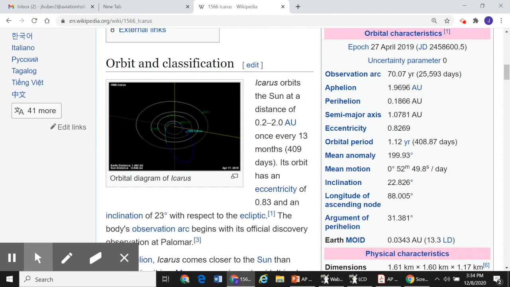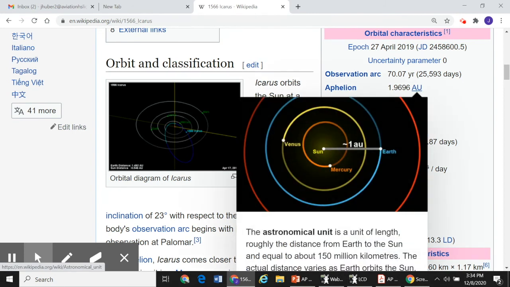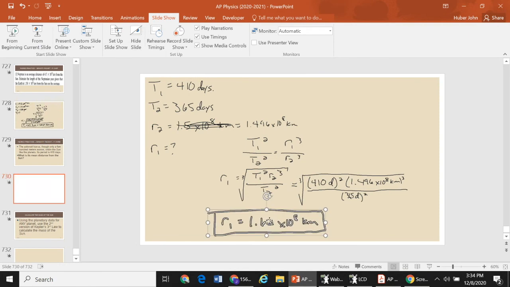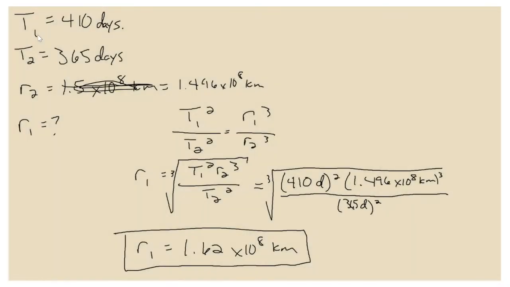It says here the semi-major axis is 1.0781 astronomical units, and an astronomical unit is defined as the distance between the Earth and the sun. And so if we take 150 million kilometers and multiply it by 1.0781, then sure enough, we get our answer to this question, 1.62 times 10 to the 8 kilometers.